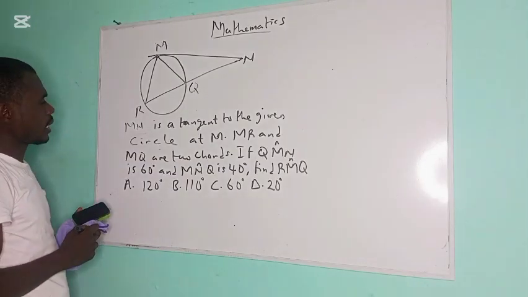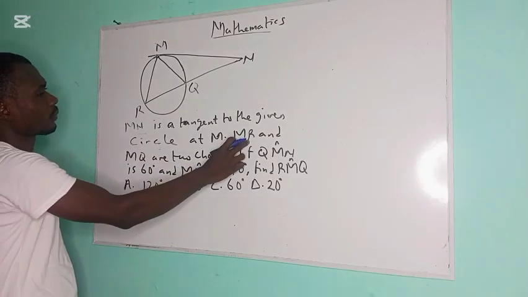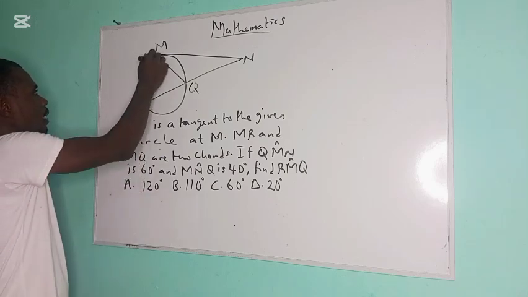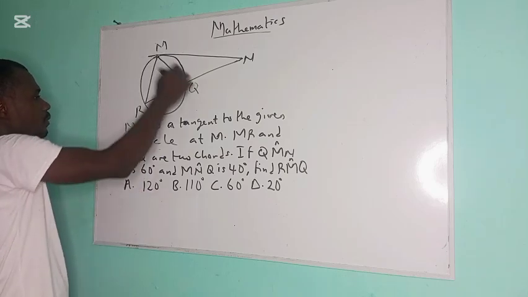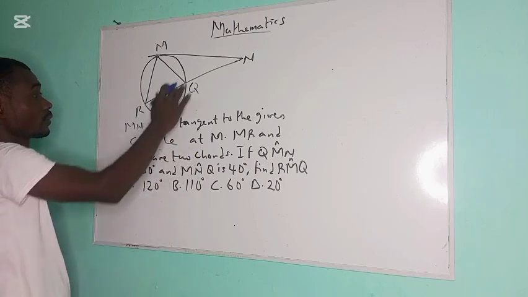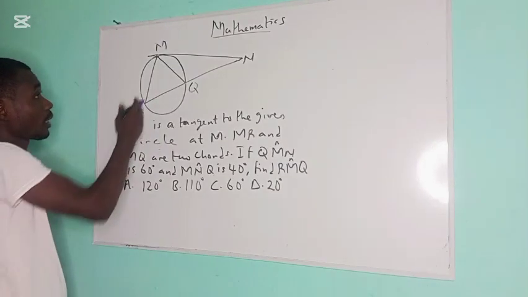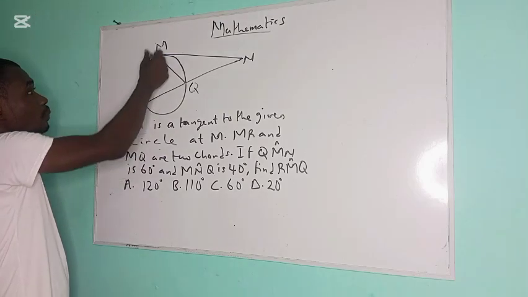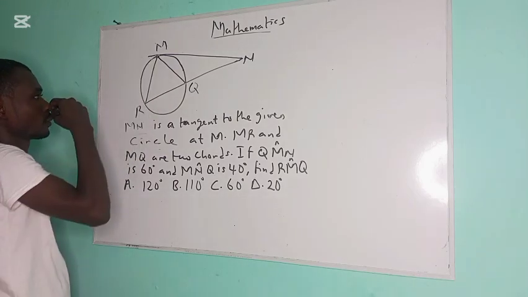Now MR and MQ are two chords. By now you should know what a chord means: the line between two points on the circumference of the circle.